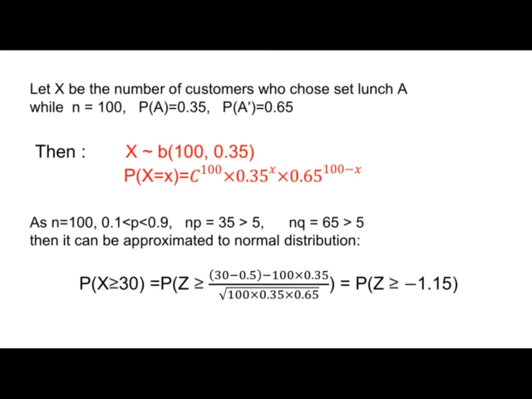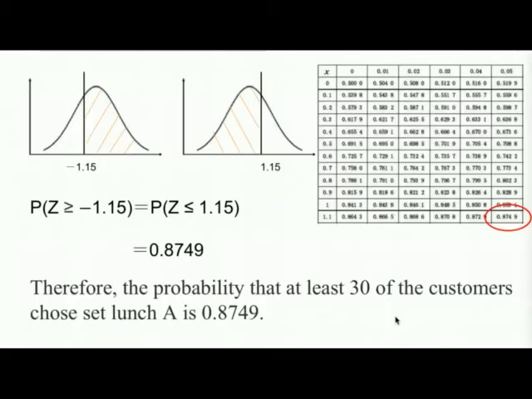We use the formula and get that the probability of X bigger or equal to 30 equals the probability of Z bigger or equal to minus 1.15. From the graph, we can know that the probability of Z bigger or equal to minus 1.15 equals the probability of Z smaller or equal to 1.15.